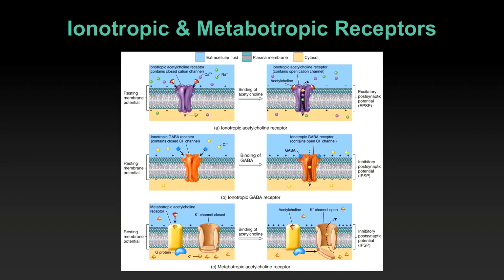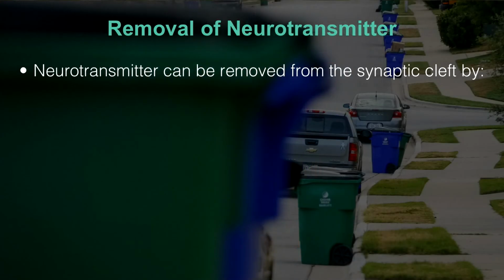Now what happens? All of this depends on there being no neurotransmitter there initially. If we want the signal to be sent between two neurons across a synaptic cleft, it assumes that there's none there initially. So after the signal's been sent, we need to remove it.